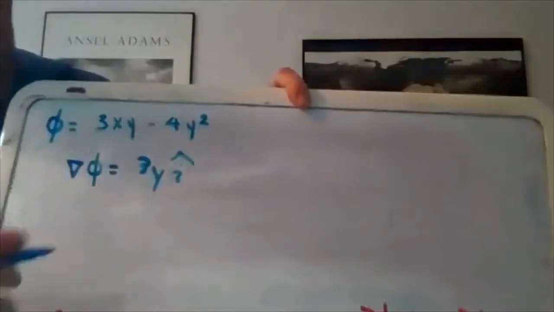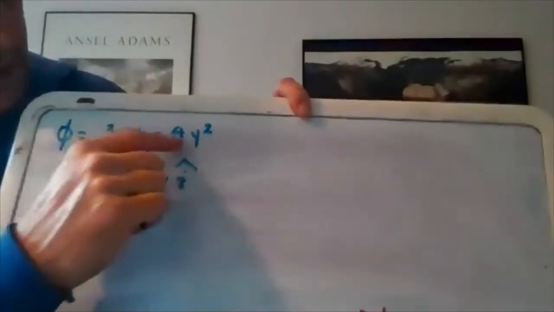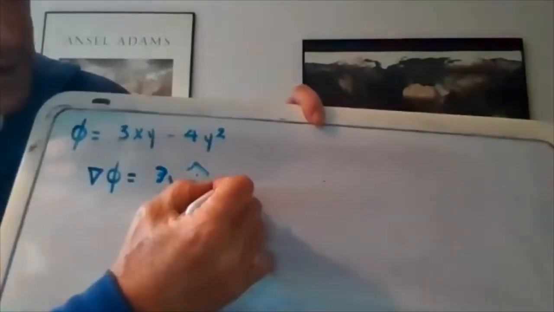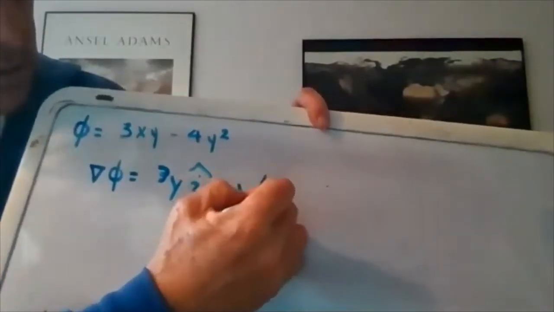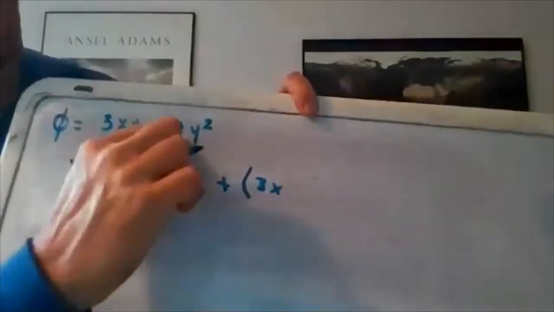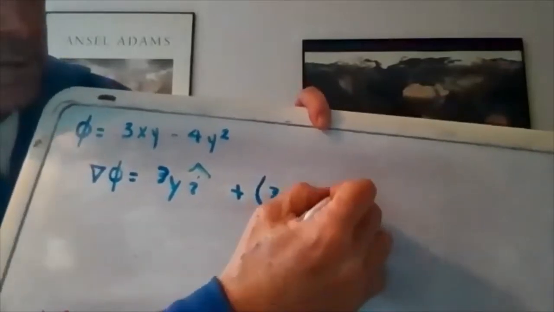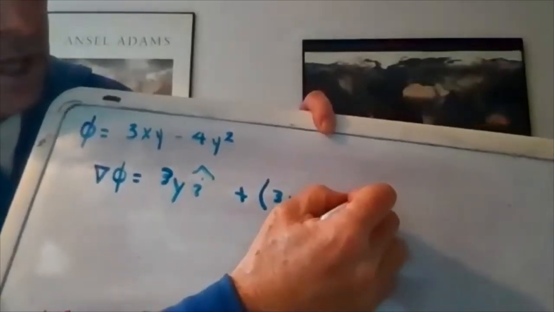And then we're going to do the partial of phi with respect to y. I've got 3x here, and I've got 8y there. So to be neat, I would include in parentheses 3x, and then minus 8y there. And that would be in the j hat direction.